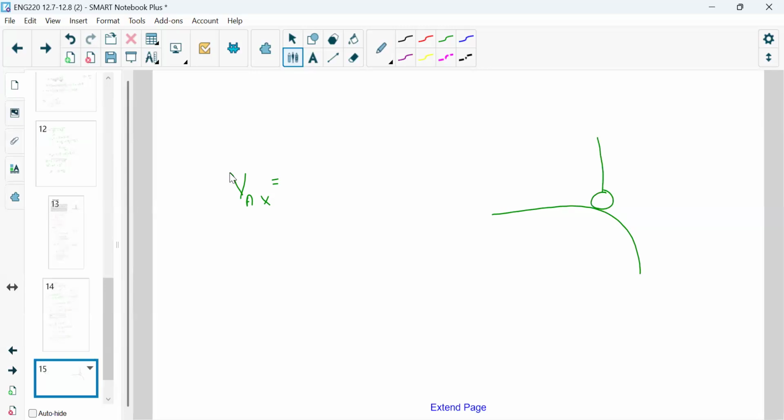All right, so we're going to end up then with our V sub y here and our V sub x ends up being there.